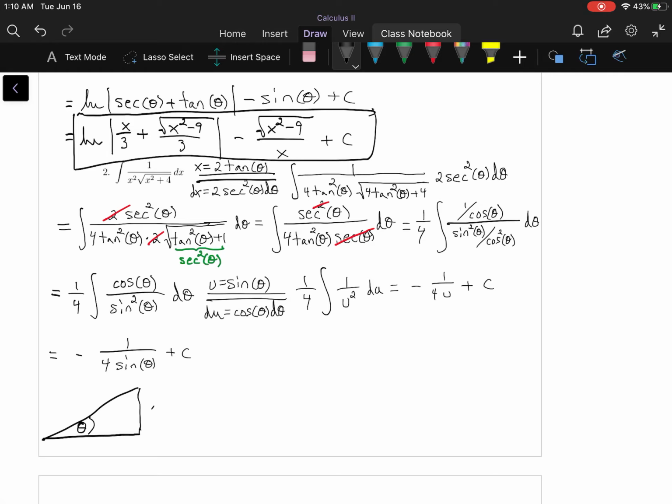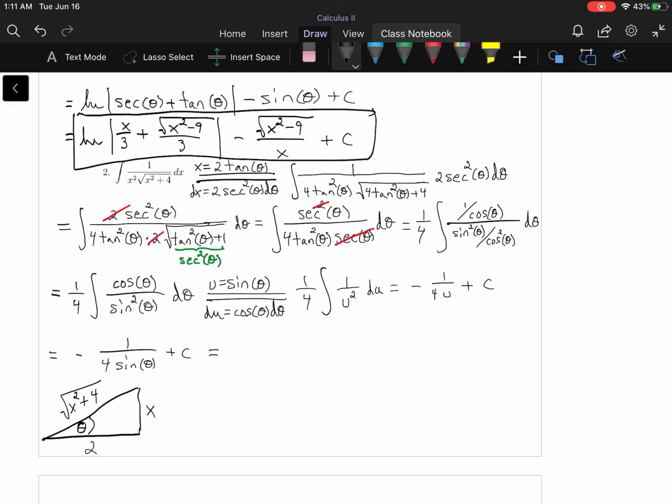So opposite is here, adjacent is here, which means we have the square root of x squared plus 4 for our hypotenuse. So sine is going to be opposite over hypotenuse. Opposite is x, hypotenuse is the square root of x squared plus 4.